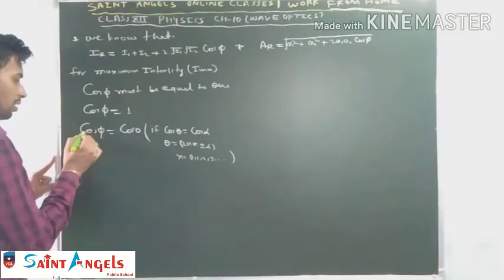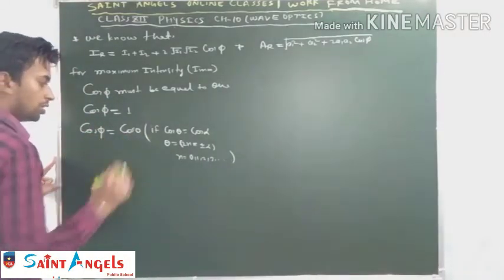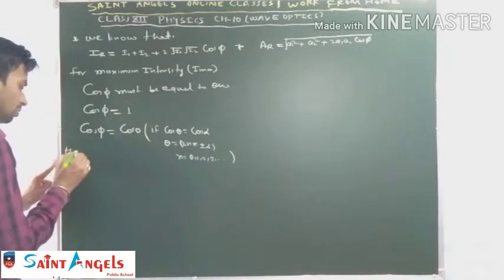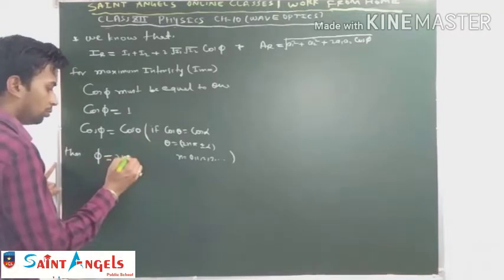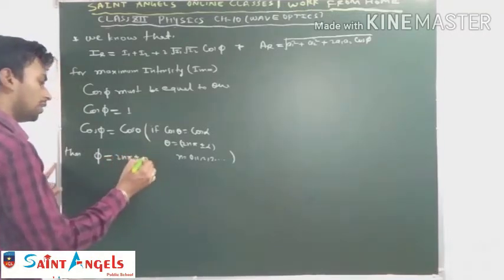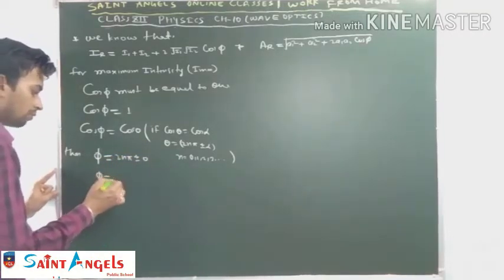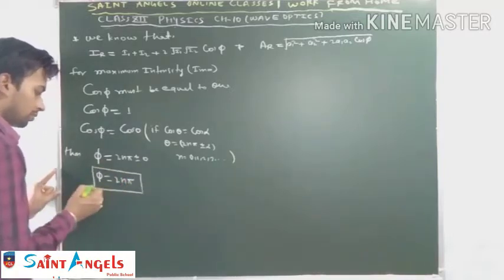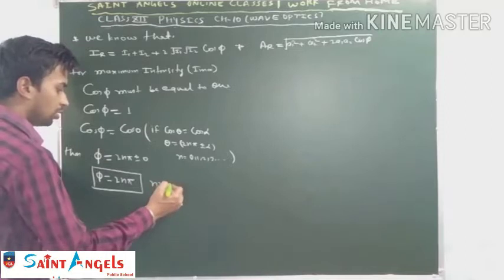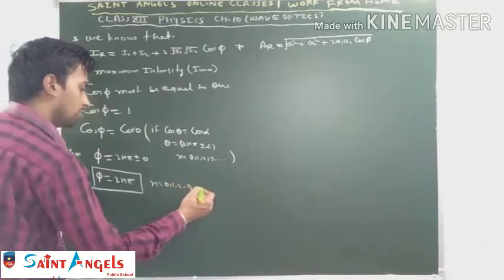Similarly, here cos phi equal to cos 0, so the general solution of phi is 2n pi plus minus 0. It means phi equal to 2n pi, where n equal to 0, 1, 2, 3, and so on.